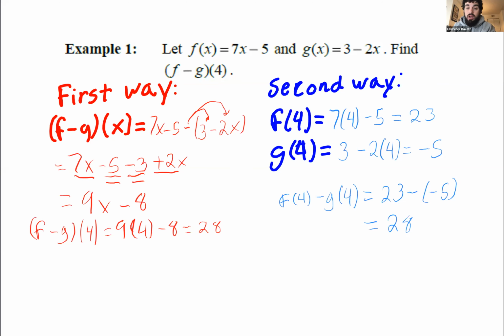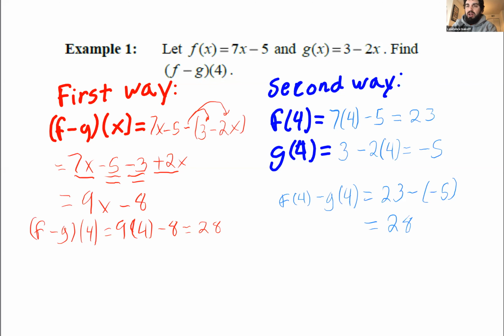So again, I don't care which way you prefer to do it. One thing I will say, sometimes I prefer the first way more if I'm having to use f minus g a few times. That first way can be very helpful because then it's just, oh, I got my new equation, just keep plugging into that.